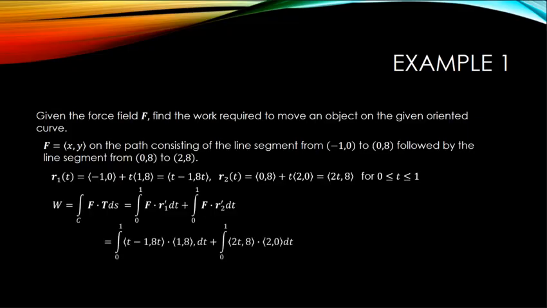This is equal to the integral from 0 to 1 of the vector with components t minus 1 and 8t dotted with a vector with components 1 and 8 dt, plus the integral from 0 to 1 of the vector with components 2t and 8 dotted with a vector with components 2, 0 dt. This is going to be equal to 69t squared over 2 minus t evaluated from 0 to 1. This gives me 69 over 2 minus 1, or 67 halves.